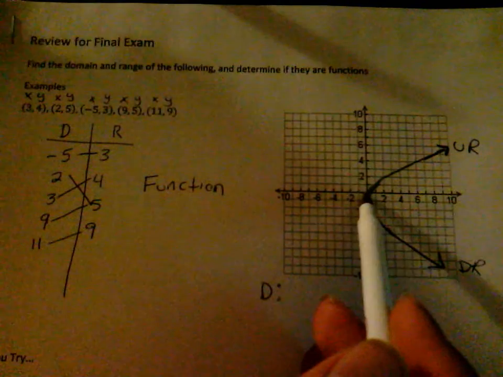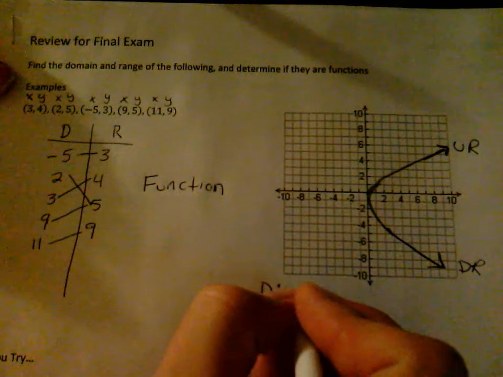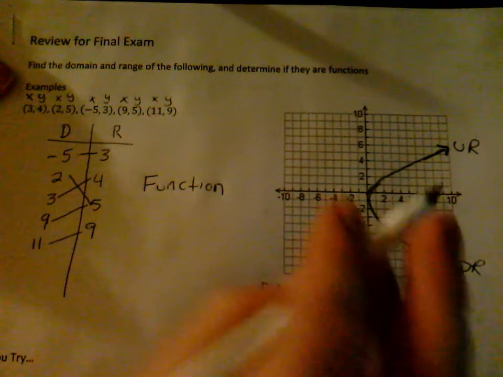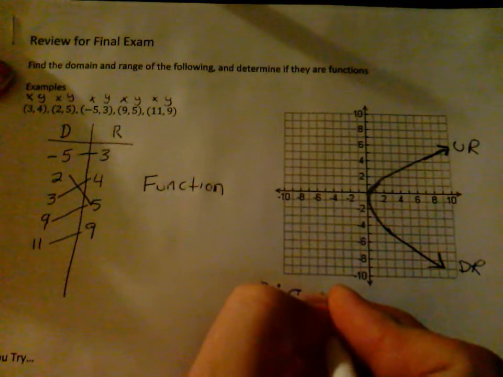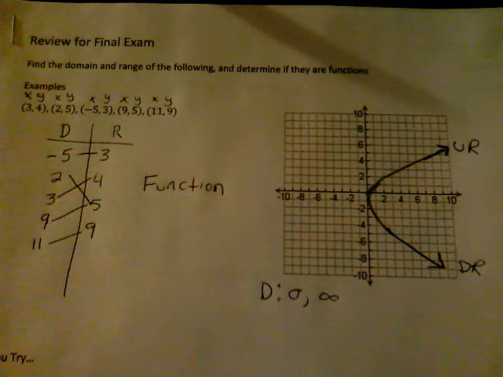This is the farthest it goes, right here. Since we look at the x values, the farthest would be 0. And since we do have this R, that means it's going off forever, so it's going to infinity. So our domain is from 0 to infinity.